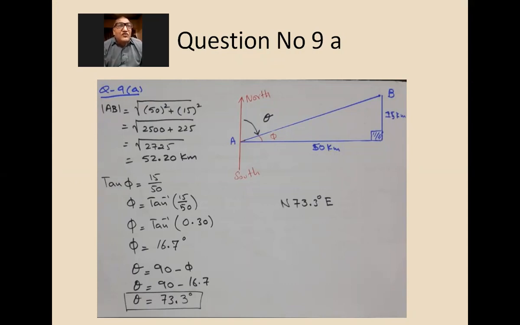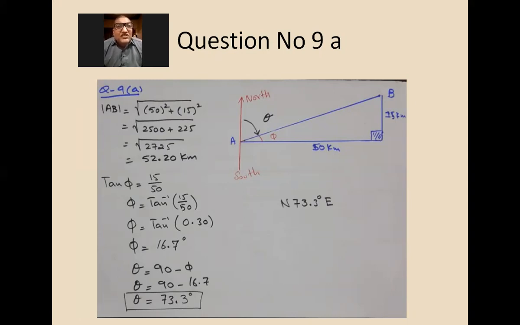Then he asked us to find the direction. Because the north is given here, from the north I can tell the direction. From the north at A, going clockwise to the AB line, I can tell that angle. But first I will find this angle phi, which is inside the triangle. I will use tan phi equals 15 by 50, perpendicular by base, so phi equals tan inverse of 15 by 50.